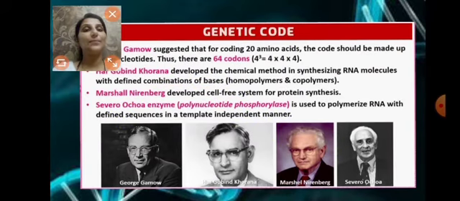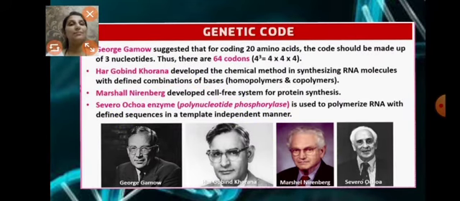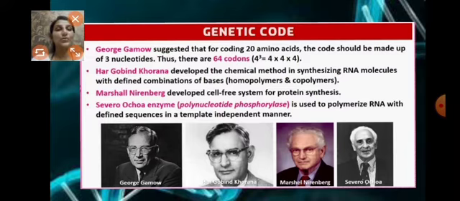Now let us learn about the contribution made by a number of scientists with regard to the genetic code. The first contribution was by George Gamow. He suggested that there are 20 amino acids, and for coding 20 amino acids, the code should be made up of 3 nucleotides.